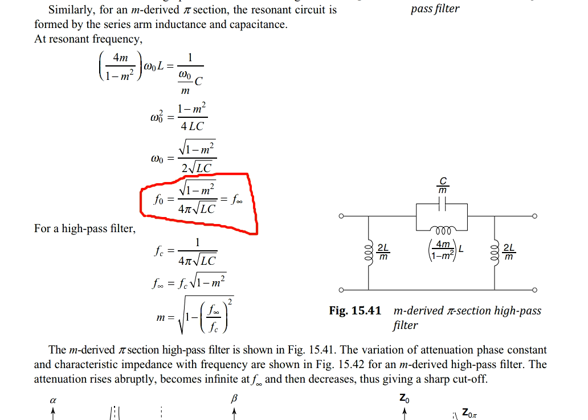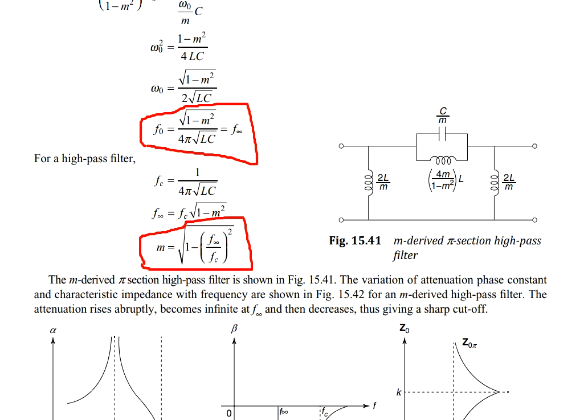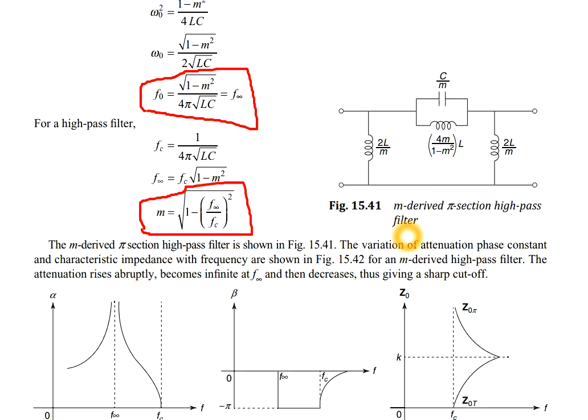Now for a high pass filter we have fc, that is cutoff frequency. Now we can even relate the cutoff frequency and f infinity as before. So in that particular case you will be getting m in this manner, right?